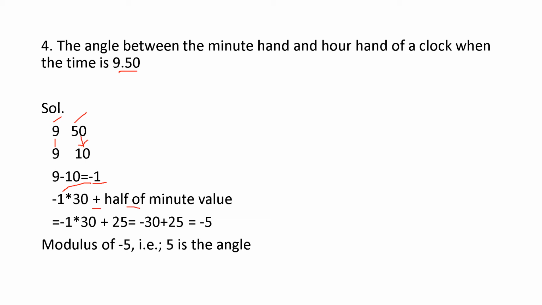The minute value is 50, so half is 25. So minus 30 plus 25 is minus 5. We cannot write this minus 5 as the angle, so instead we find the modulus of minus 5, and that is 5. So the angle when the time is 9:50 is 5.